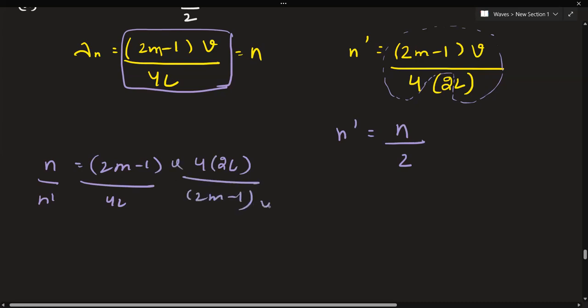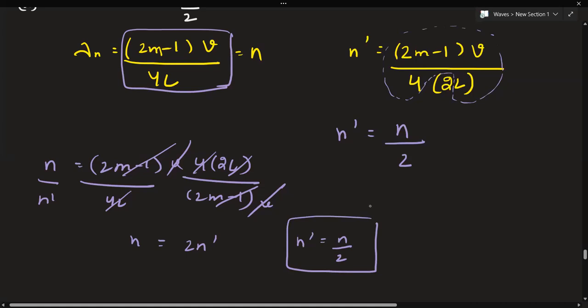And the velocities obviously are getting cancelled. 2m minus 1 is getting cancelled. 4L is getting cancelled. So what is left? N is equal to twice of the new frequency. But we have to find out n dash. N dash will be half of the original frequency.